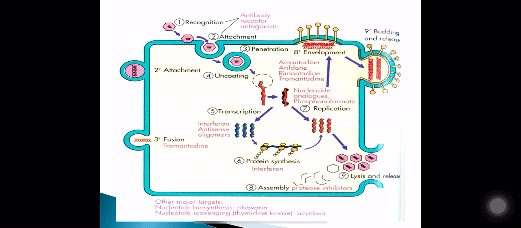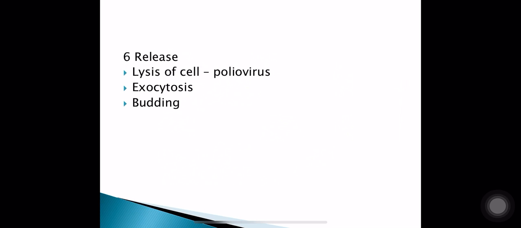They can be released either by budding or by lysis of the host cell. So this way all the 6 steps of viral multiplication can be depicted in one single figure. The 6th step is release of the daughter virions, which can occur either by lysis, for example in poliovirus, or by exocytosis or budding.